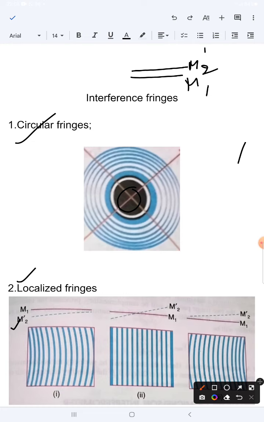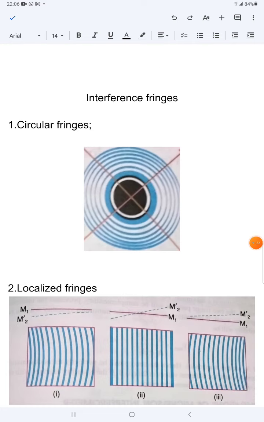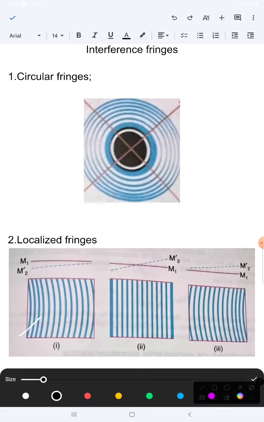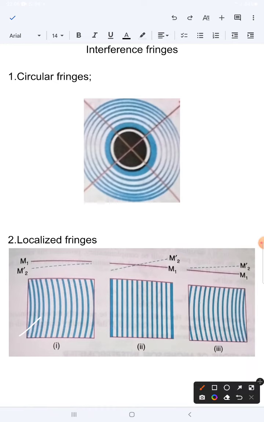Here we have three types of fringes in this diagram. In the first diagram the circular fringes are replaced by semicircular fringes. These are the semicircular fringes. These semicircular fringes are formed when the virtual image of M2 is below the mirror M1, and they are curved towards the right side.